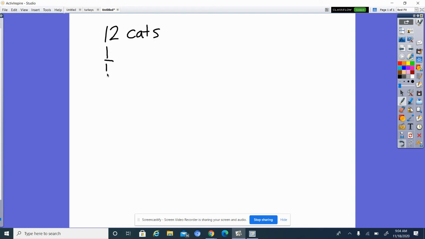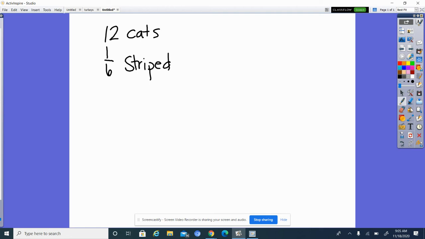And it said 1/6 have striped tails, right? Okay. So we need to find out how many cats have striped tails. What are we trying to find out? Ooh, he knows exactly what's going on. Let's get some others. What do you think? What are we finding out?